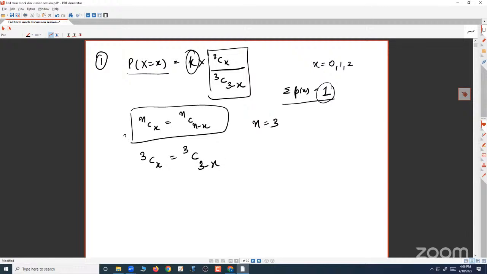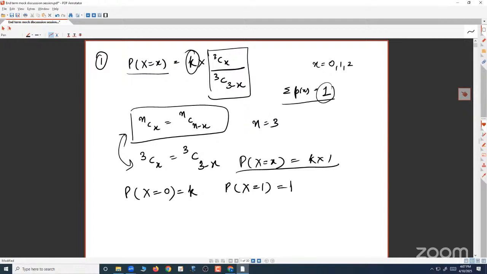So these are equal, right? So I can put it: probability that X equals x would be equal to k into 1. That means the probability that X equals 0 is equal to k, the probability that X equals 1 is equal to k, and the probability that X equals 2 is also equal to k.